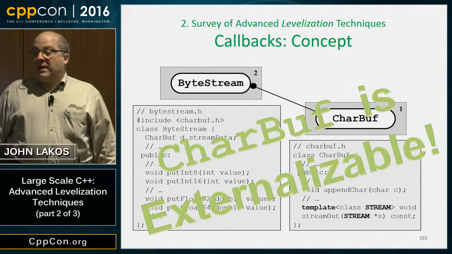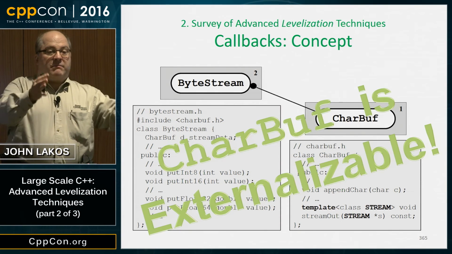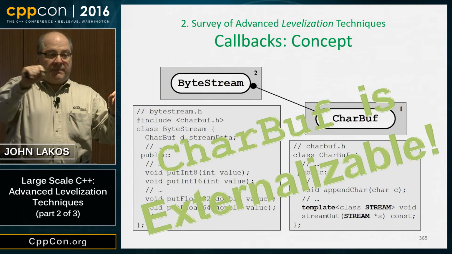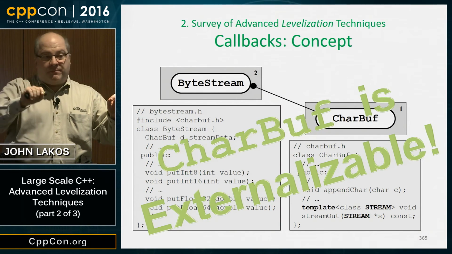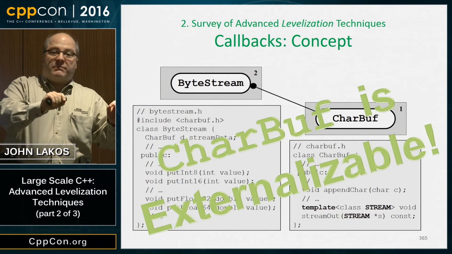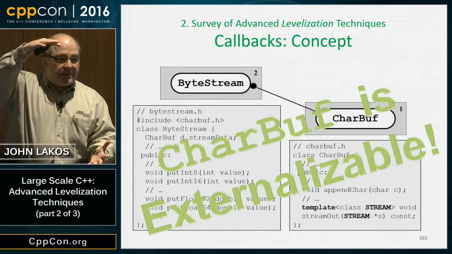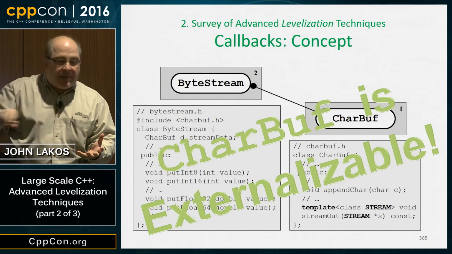What I mean by externalizable is I have a byte stream, a concrete object that has put int 8, put int 16, put int 24, put int 32, put float 32, put float 64, put char, a char array, all of these fundamental types. And then I have the same get version of it that gets them out in a stream.